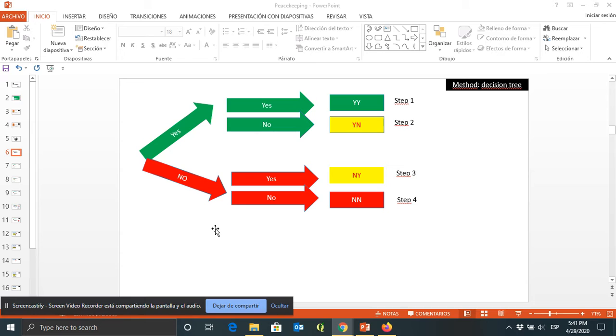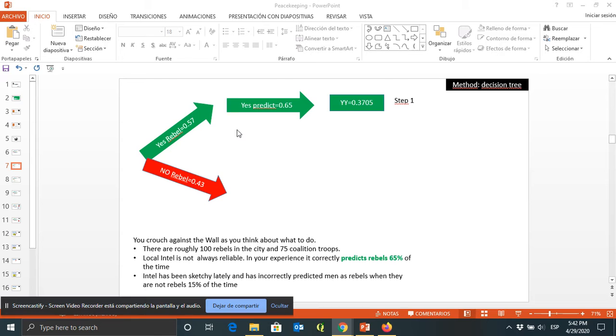The bottom arrow also divides into a no, yes, step 3, and a no, no, step 4. To fill in the first two arrows, we have to think of rebels share, which is 0.57, and not rebels or coalition, which is 0.43. So this looks like this.